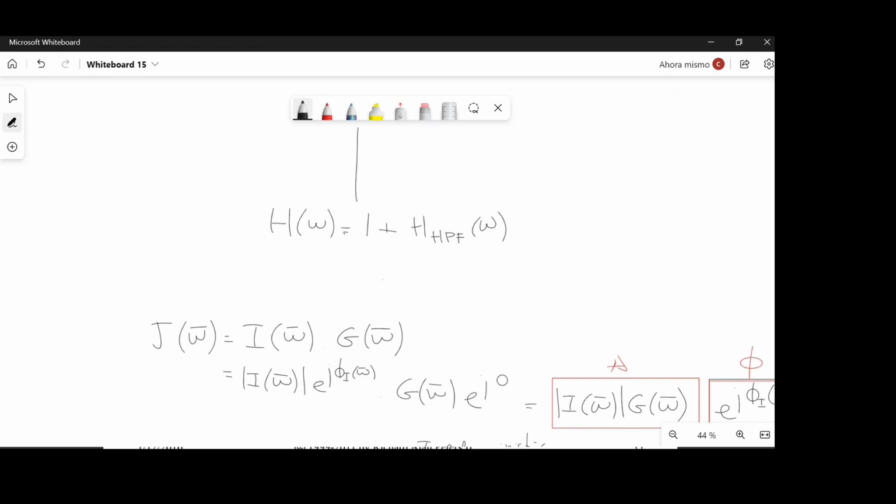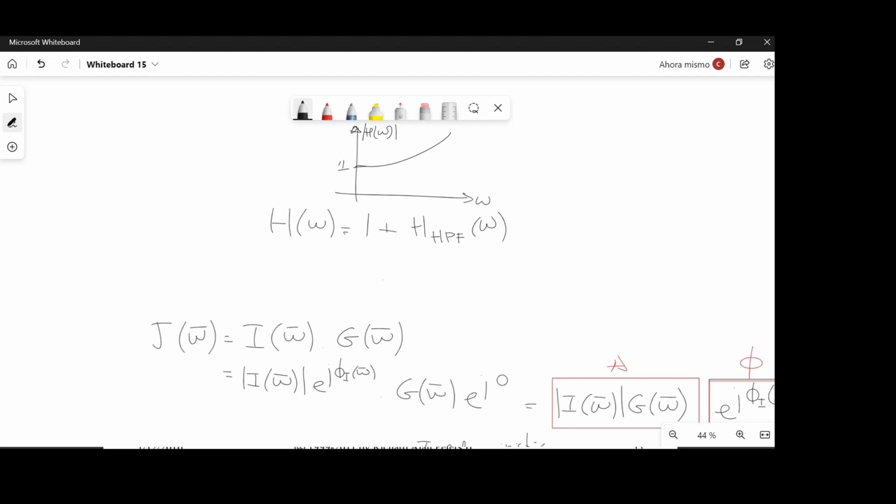So my response would be something like this. It will start at 1, then it will go up. This is omega, this is h of omega. So now I can boost high frequencies. As you remember from the first lectures, as humans, we can only see edges, and we interpolate the data in between.